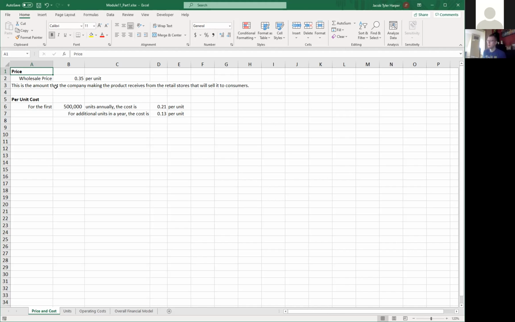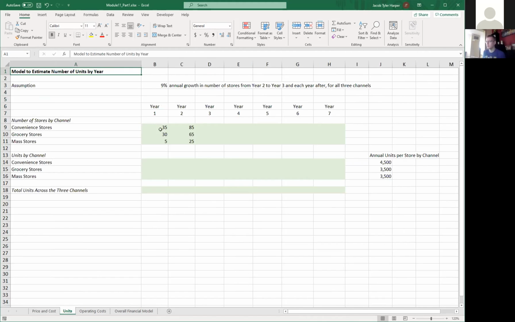So at first, it just tells us the price that we're going to sell 1 unit of our candy in these stores. And it also tells us how much it costs to produce this candy. But then on the remaining 3 tabs are these actual tables where we're going to make these projections into the future. For example, we currently have this many convenience, grocery, and whatever a mass store is.